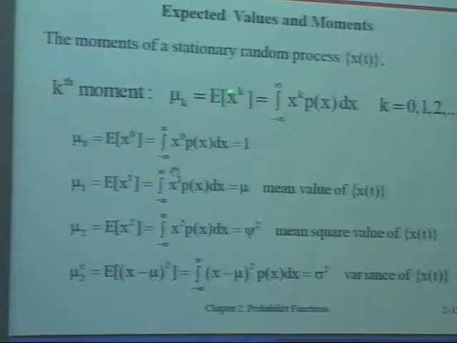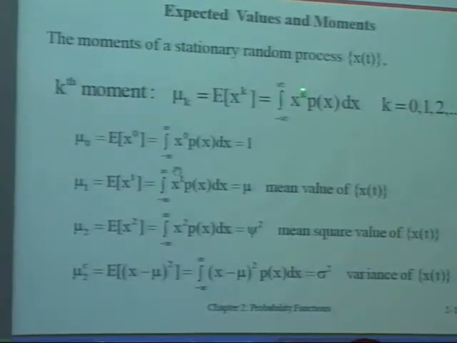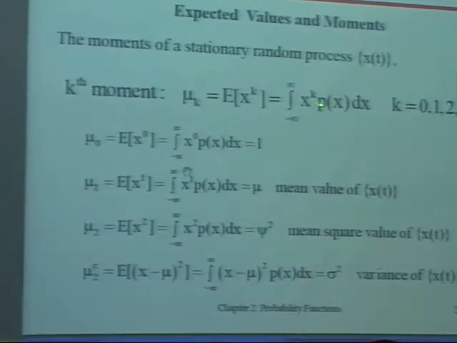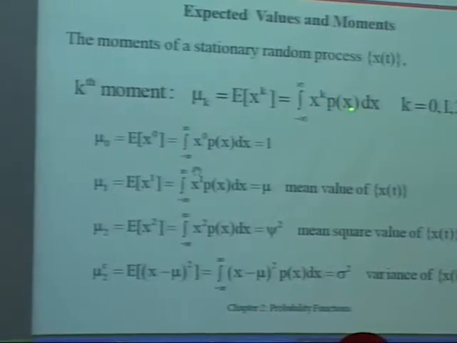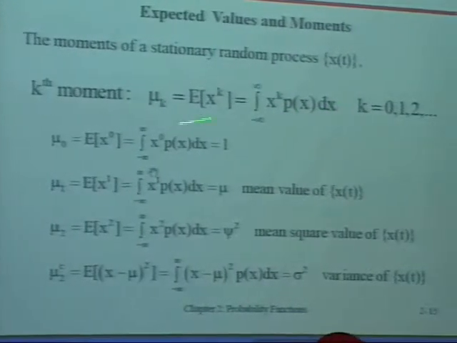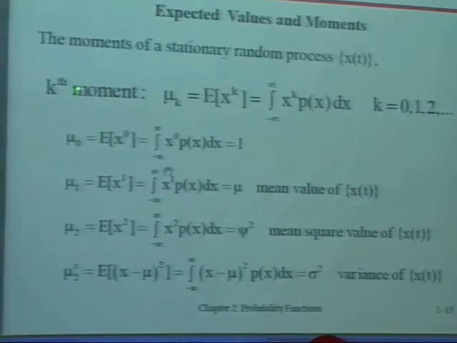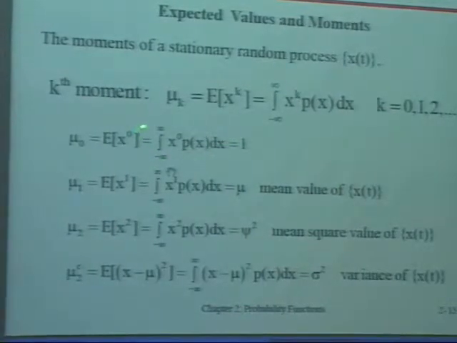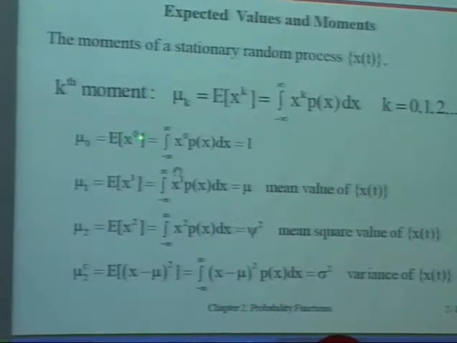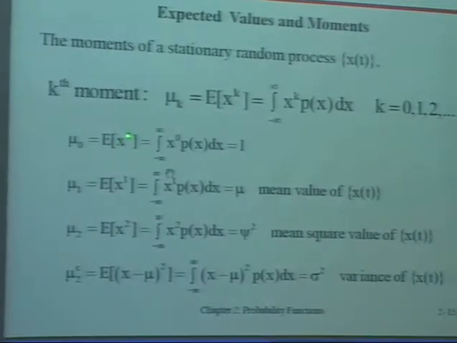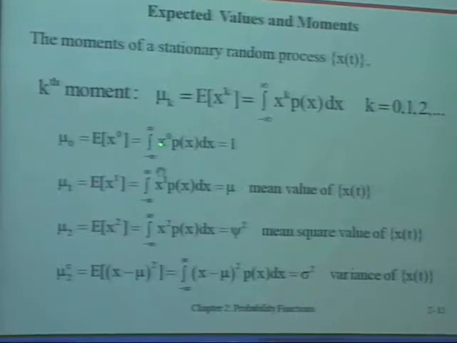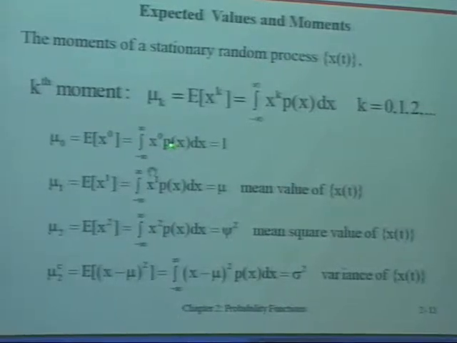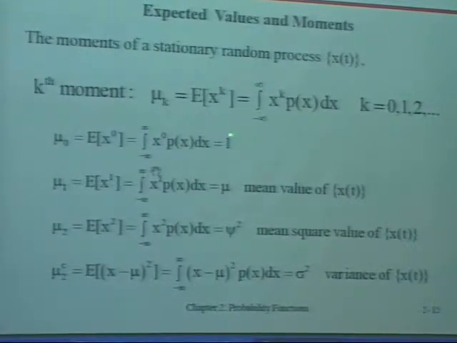Which means x^k is the g function from the previous page, given the probability density function here. This is a general expression, and for k equal to 0, it's simply the zeroth moment, x to the 0, which is 1, and which is simply the integration of p(x), which is equal to 1.